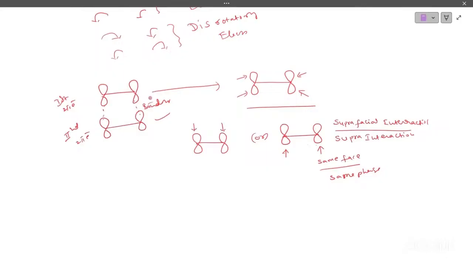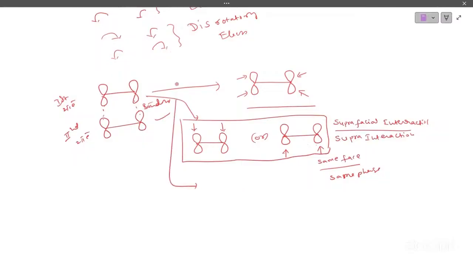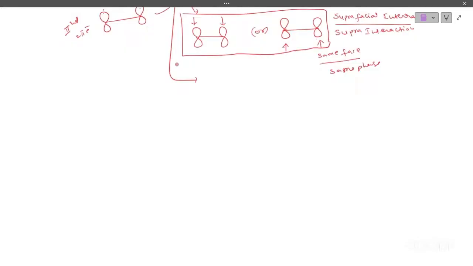These two lobes are also involved in a bonding interaction with same-side lobes. This kind of interaction is known as suprafacial interaction. The same pi system may be involved in other interactions. If you take this pi system, one of the interactions is achieved from here, from this lobe of the orbital.